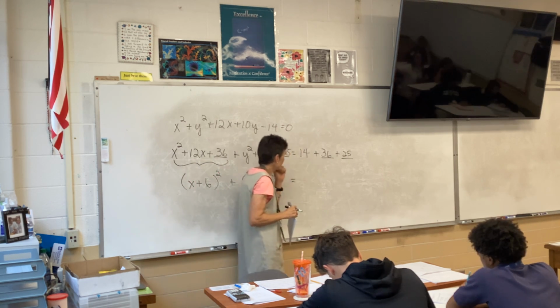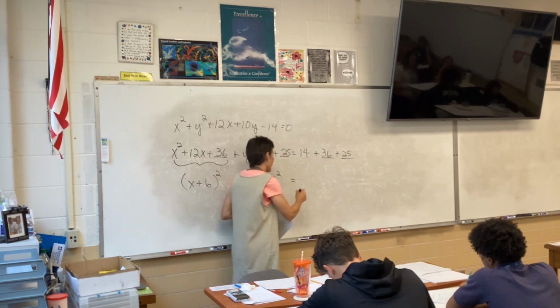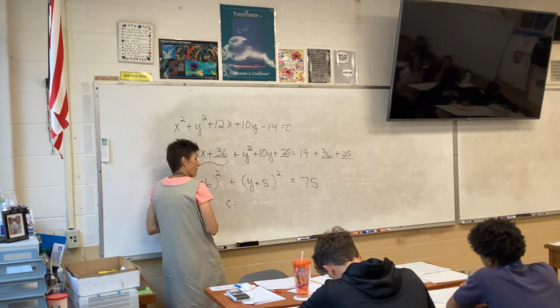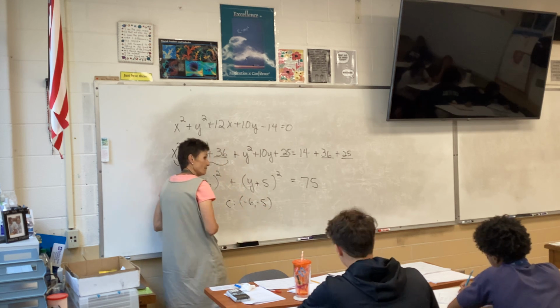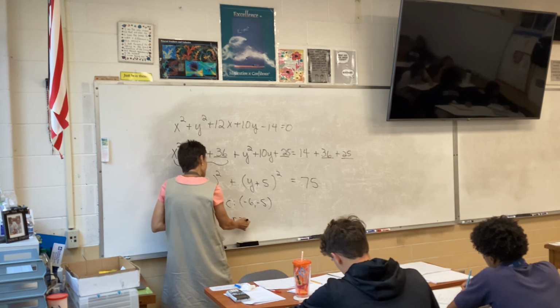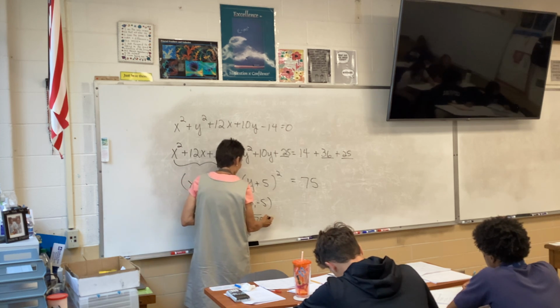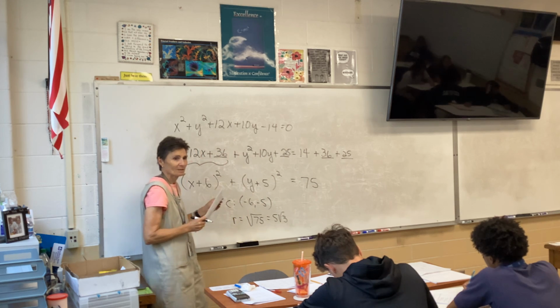And then I'll add all this up, and this will make 75. So now it's easy. What's my center? -6, -5. And my radius is? Square root of 75, which is 5 square root of 3. That's exactly right.